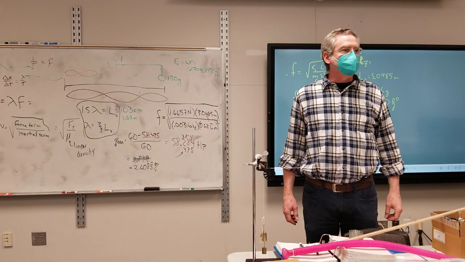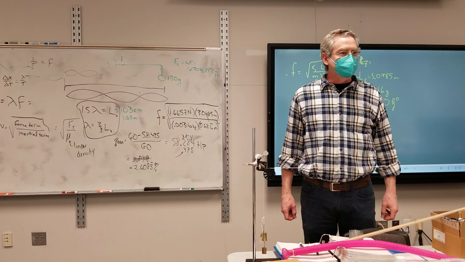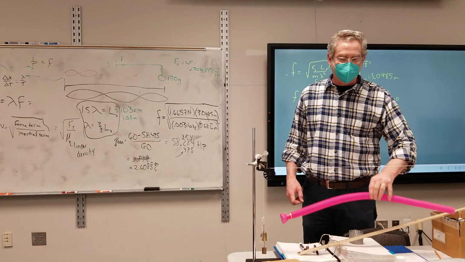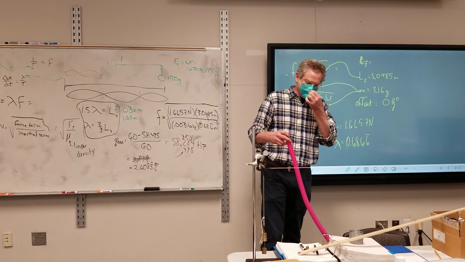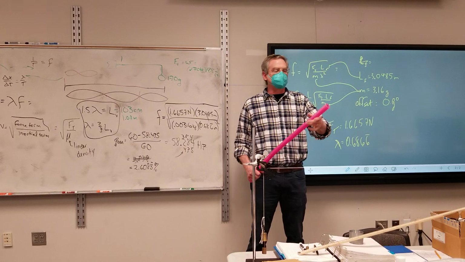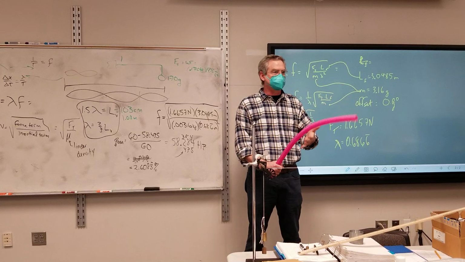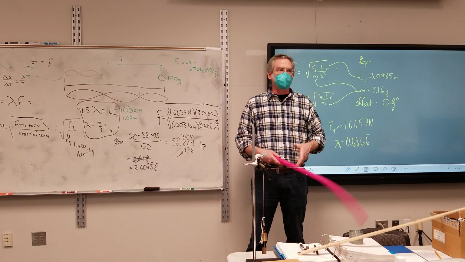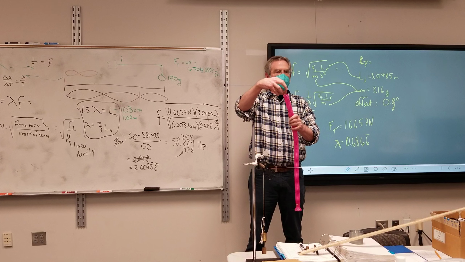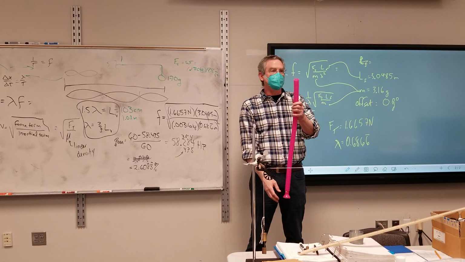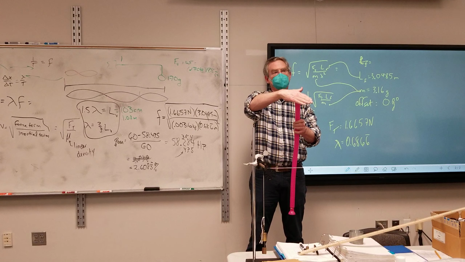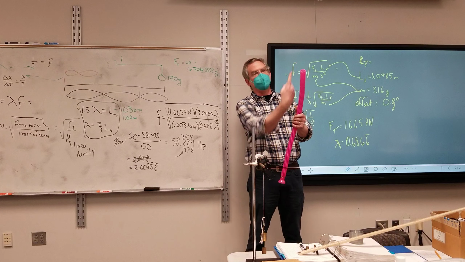Can we go over the science of why it makes that noise? Magic. All right, so one of the things that's happening here is as it's spinning, this part of the tube is traveling faster than this part. Because it's traveling faster, it's causing a drop in pressure in the air up here compared to down here. Since there's less air pressure on this side than this side, air will be sucked up through it.